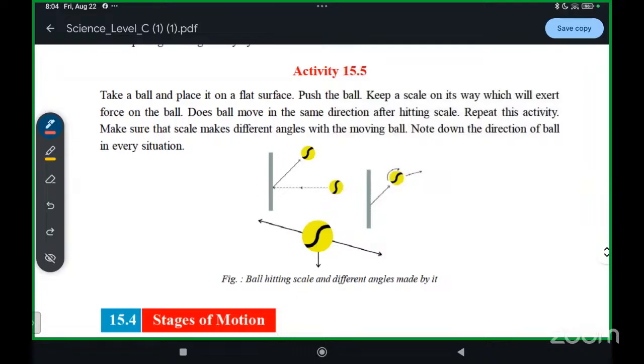Now tell me, what will happen if we place the scale on its way of the moving ball? You see different angles, right? Can you explain it a little bit more? Yes, ma'am.